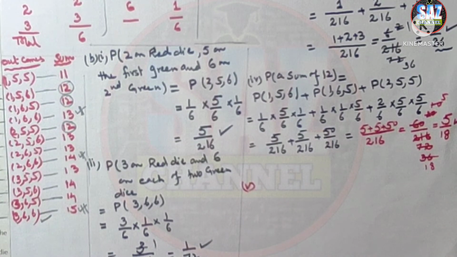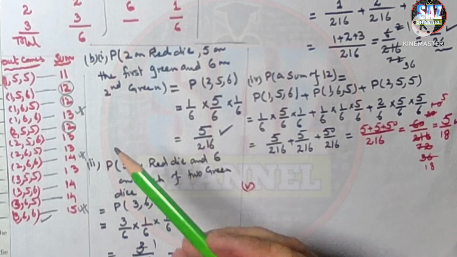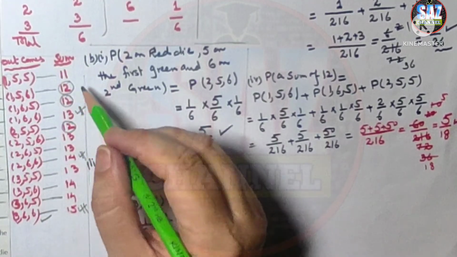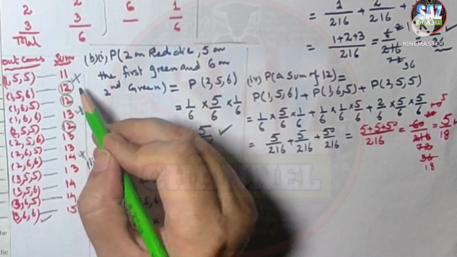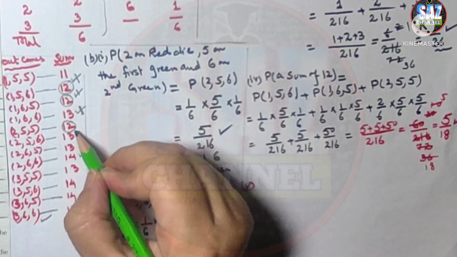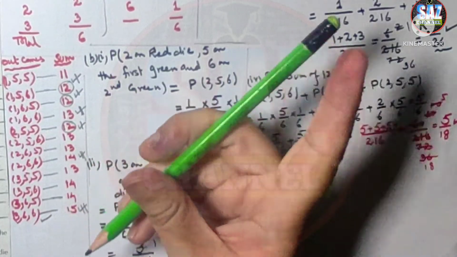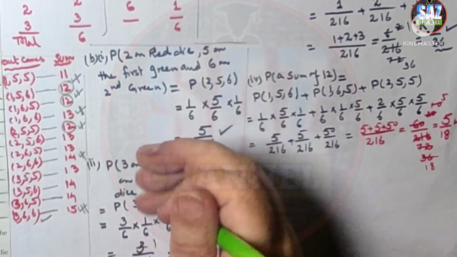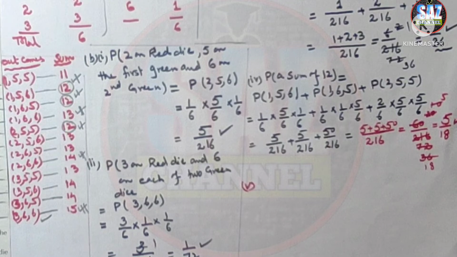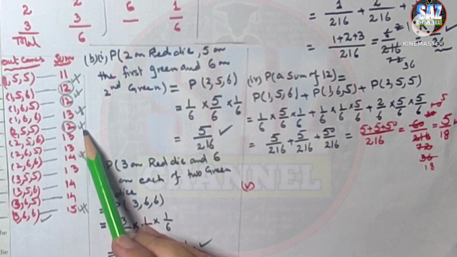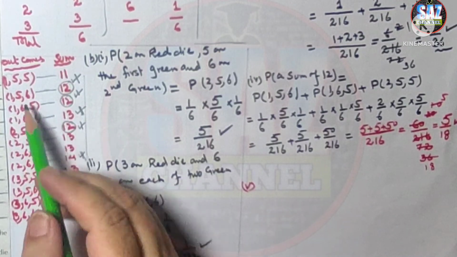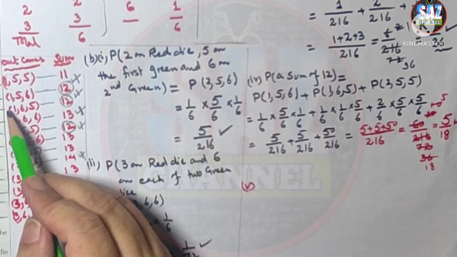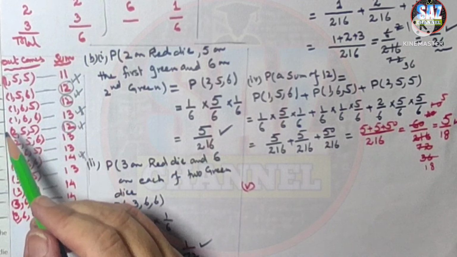So again we have to move in the sum column and find out how many times the sum is divisible by 3: 12, 15. So how many chances of a sum divisible by 3?